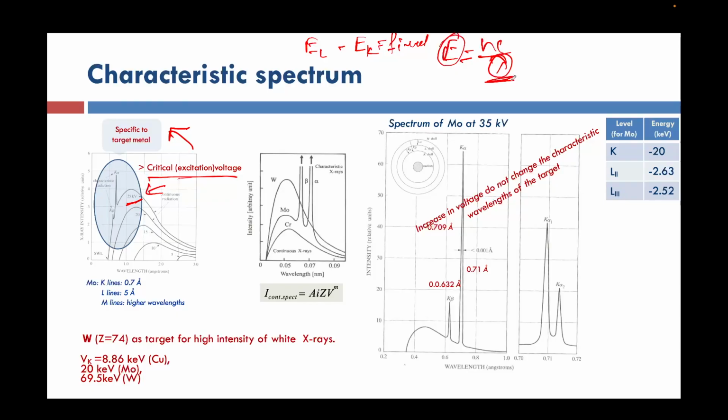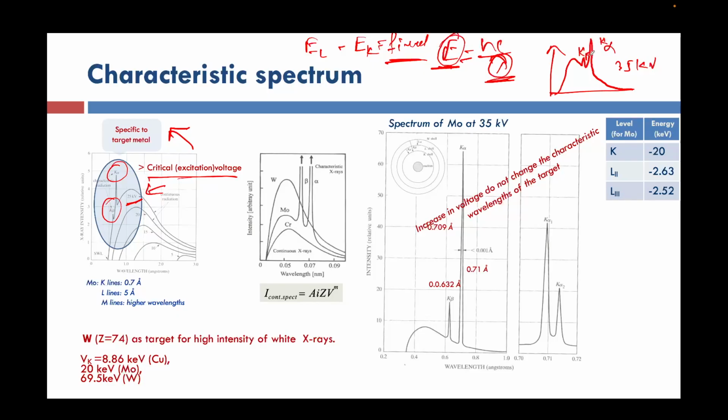Because if I increase the energy, the continuous spectrum will change, but not the position of K alpha and K beta, because the energy between them is always fixed. So if I increase beyond 25 kilovolt, how will the curve look? Currently these are like this, and the curve might look like this if I go to 35 kilovolt for a molybdenum target. This is K alpha and this is K beta.